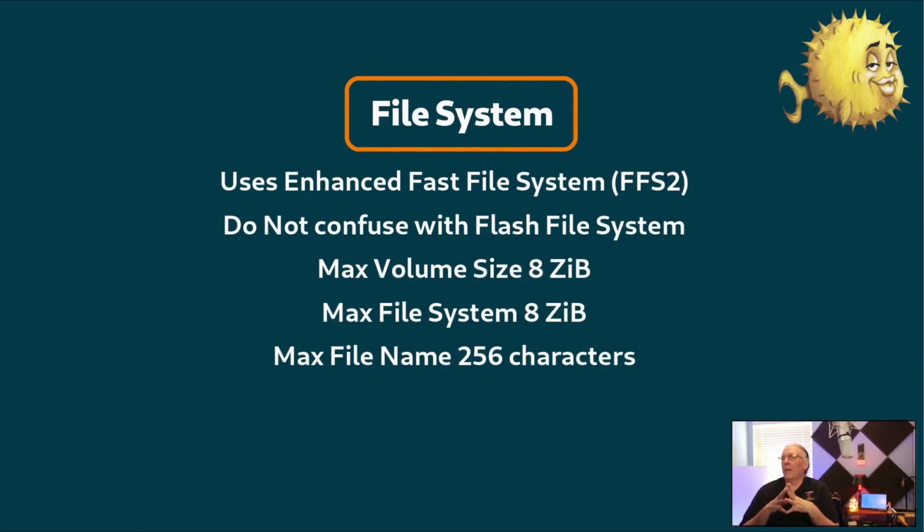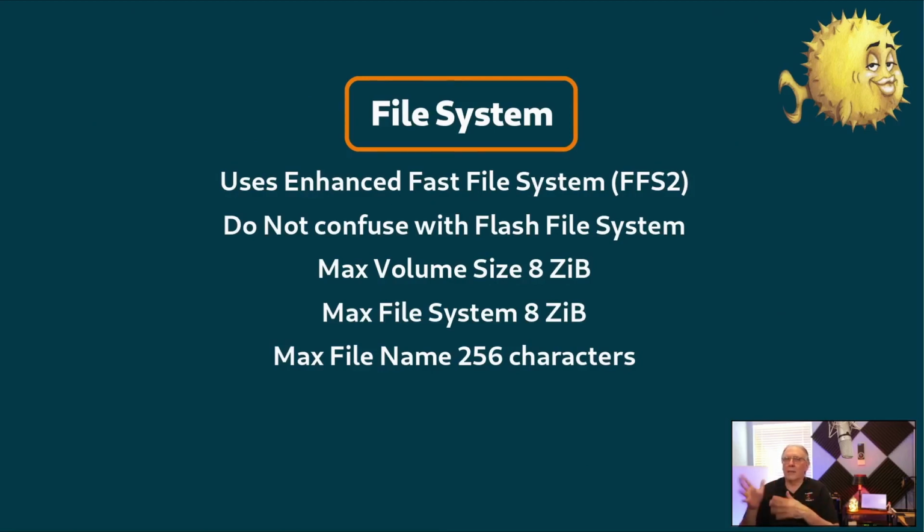File systems that are used by OpenBSD: Unix originally used UFS. Berkeley came out with their own file system, Berkeley's Fast File System, or FFS, long ago.